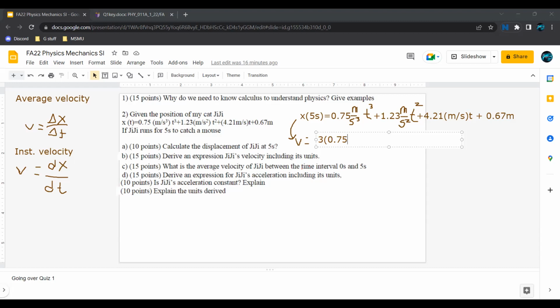Keep the units. I'll just leave space for the units. The 2 times the units. That's 1 times.